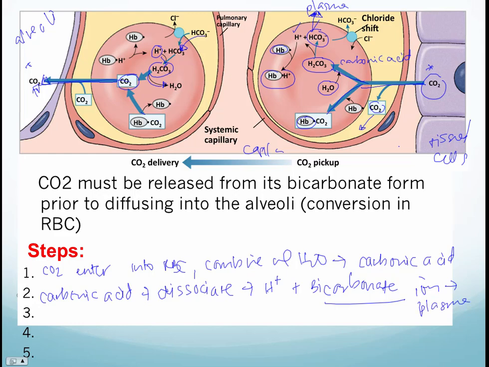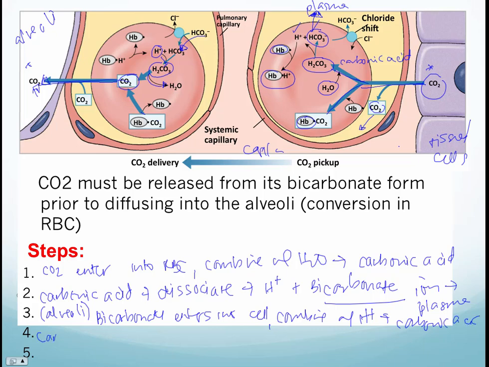Now, once we arrive at our alveoli, we're going to do the exact opposite reaction. Bicarbonate is going to enter in the cell and combine with hydrogen to form carbonic acid.